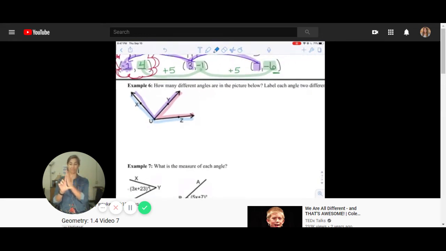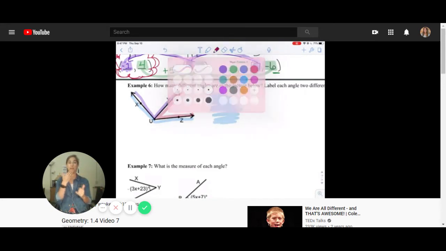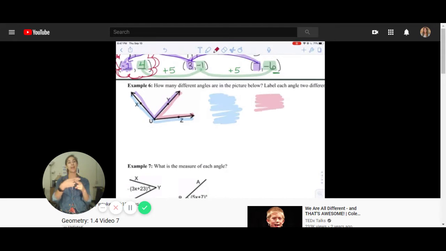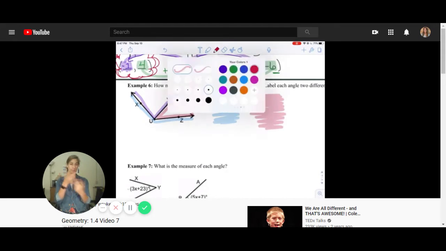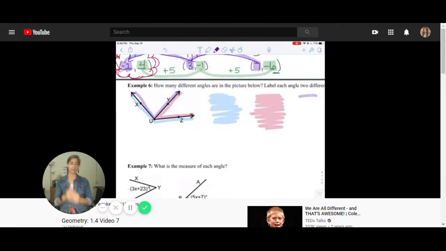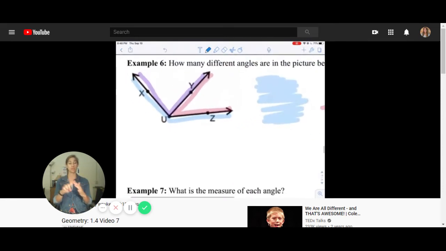Now, I am going to color code so that we can name the angles and keep them matched up as well. Okay. Oops. Sorry, I didn't know I picked up the highlighter, so it looks a little bit strange. Okay, that is good. All right, so let's start with our angle in blue.